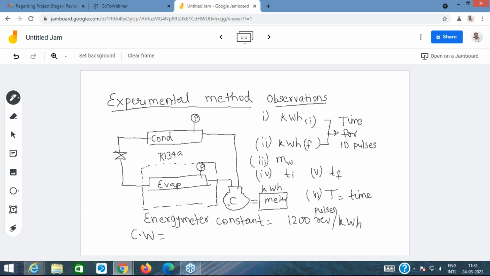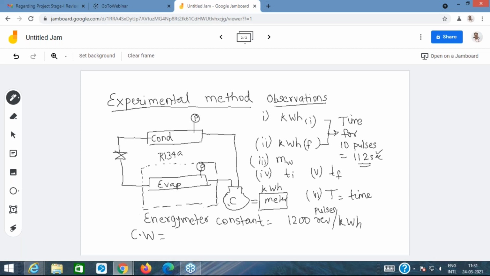Once you record the time for 10 pulses, let us say, in our case it was 112 seconds. So how do you do that? You just stand in front of that energy meter, use a stopwatch and record the time for 10 pulses. So that would be 112 seconds for the setup which we have.